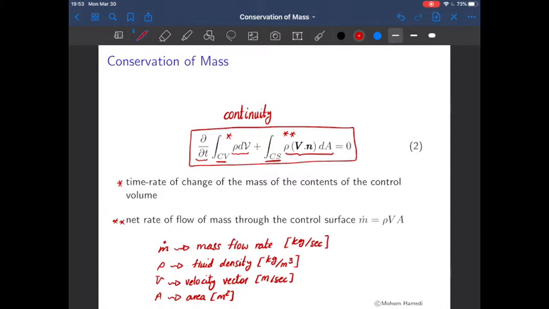And also V dot N is the dot product of the vector of velocity, and N is normal to the surface.